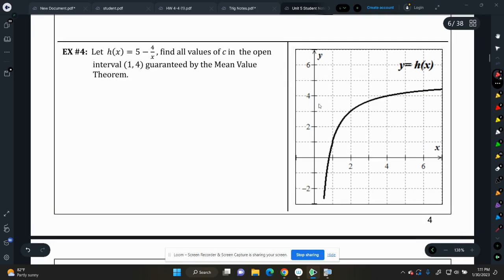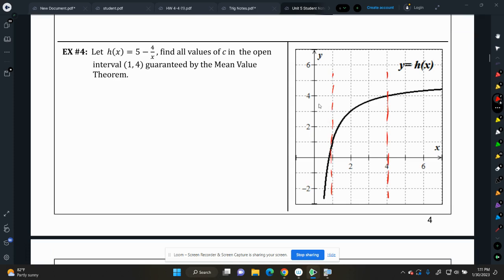You're going to see more mean value on your exam than you will Rolle's theorem. So here we have h of x equals 5 minus 4 over x. Find all values of c in the open interval from 1 to 4, guaranteed by the mean value theorem.